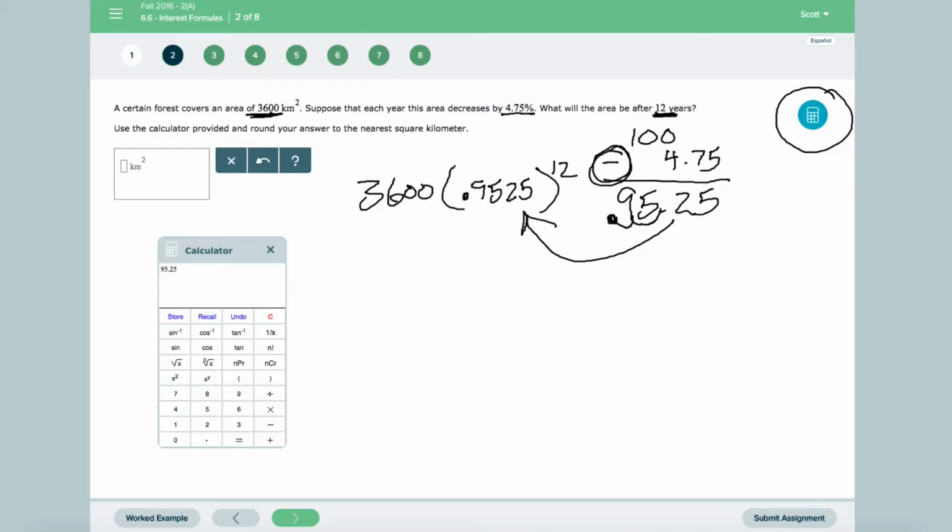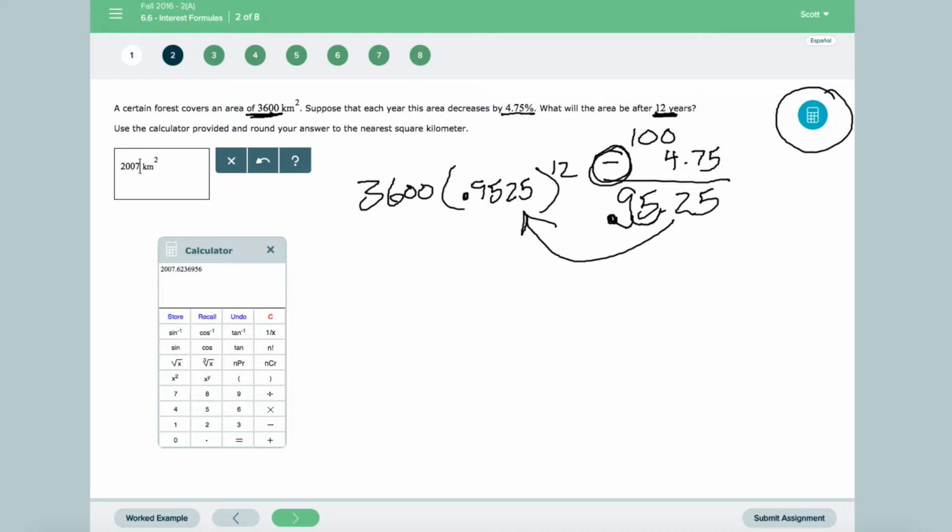Now let's type this into the calculator. 3,600 parentheses 0.9525 raised to the 12th power, and we see the answer will be 2007.